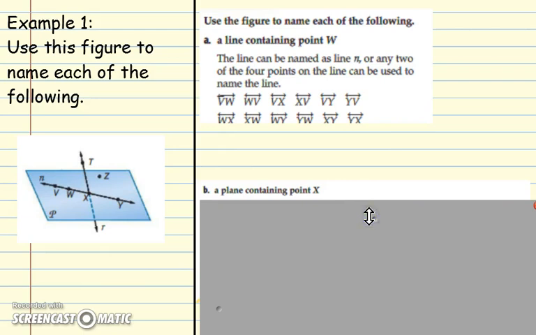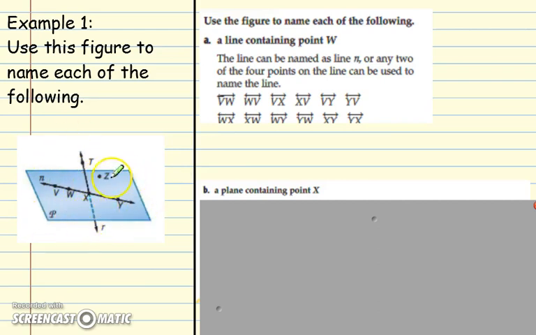Now we also need to name a plane containing point X. Well, point X is right here, so it's on the big plane, that rectangle area. Basically, that plane is just a flat surface that goes in every direction. X is on that plane, and it's also on 2 different lines.